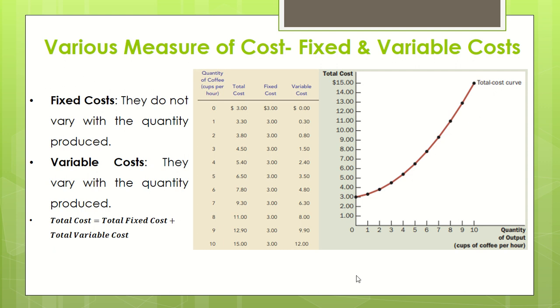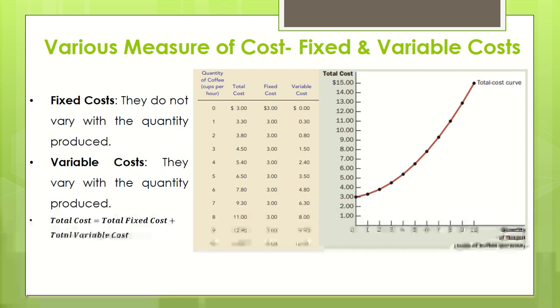Now coming to second cost, that is the variable cost, and variable cost is that cost that can be changed in short run. For example, cost of labor is a variable cost. Cost of raw material that is used in the production of a good, these are known as the variable costs. As the name tells, these costs are changing and are not fixed.